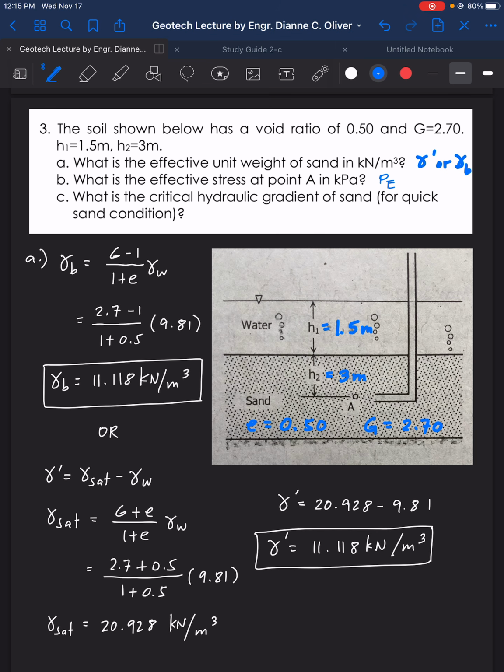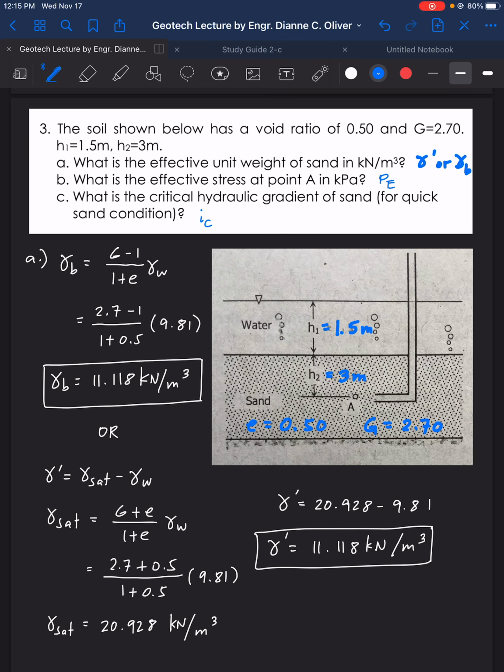So effective unit weight is different from the effective stress. So it is important that you acquaint yourself with these names so that you will not interchange them later on. So effective unit weight is in kilonewton per cubic meter. Effective stress is in kilopascal. Letter C, we're looking for the critical hydraulic gradient of sand for the quicksand condition, that is I sub C.